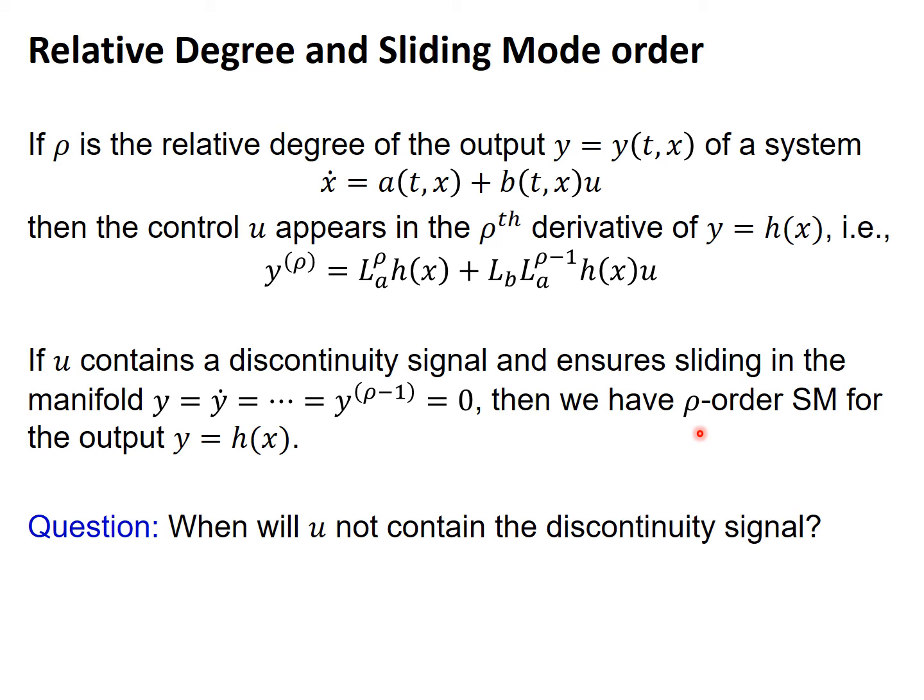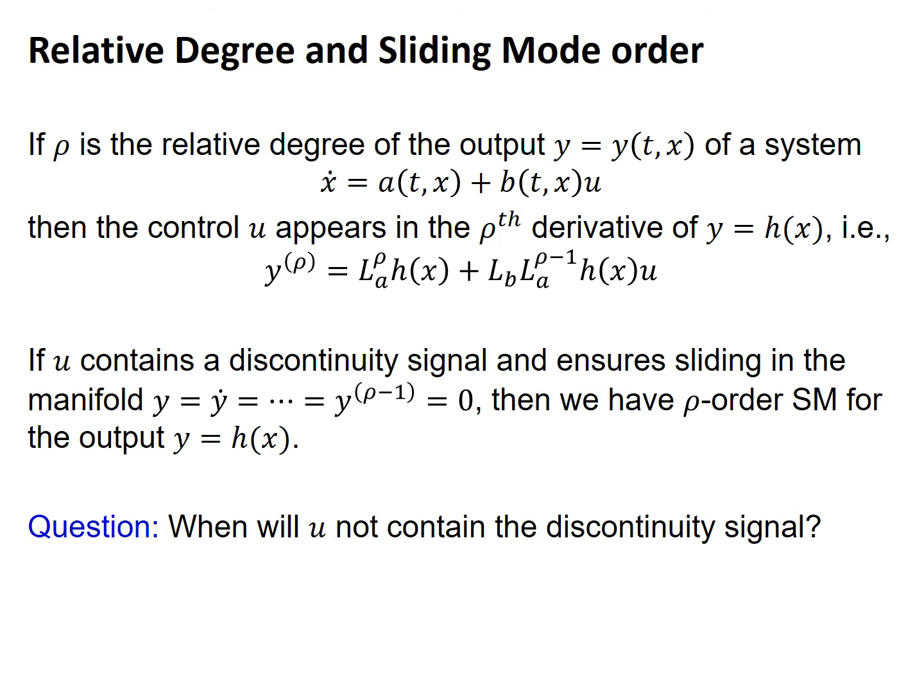So the discontinuity comes in S dot only, and we are sliding on S equals 0. In that situation, our relative degree and sliding mode order are the same. When will u not contain the discontinuity signal? This is the question.